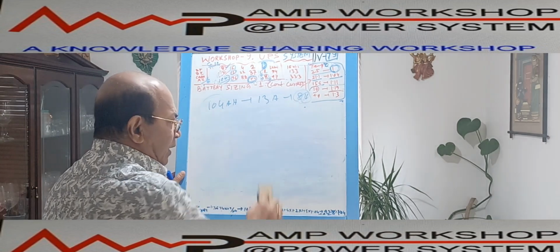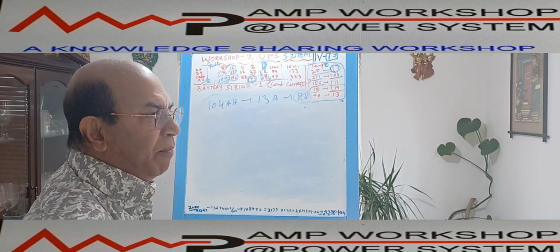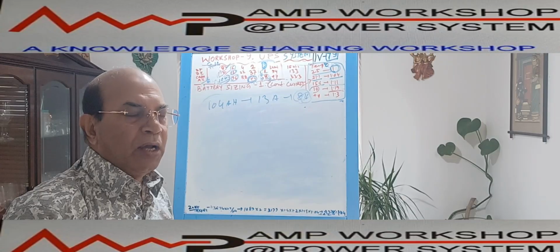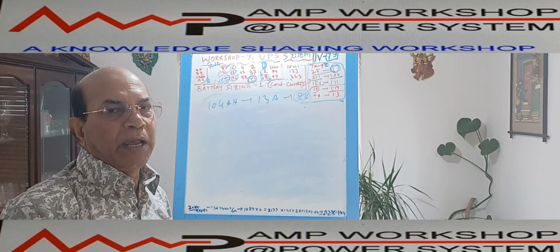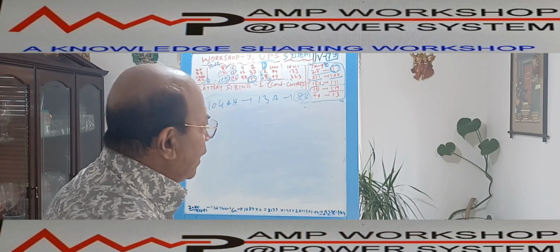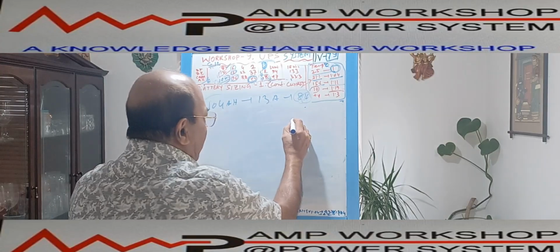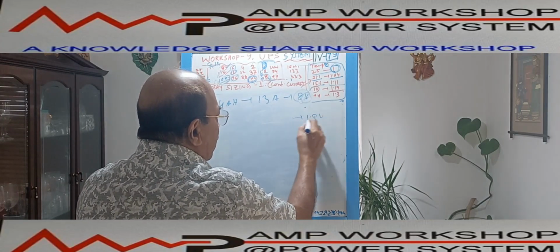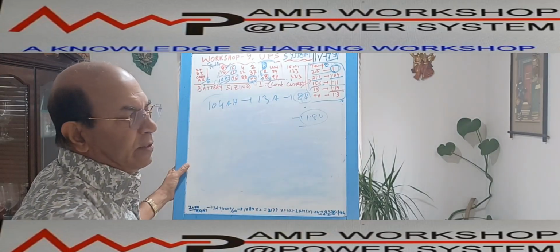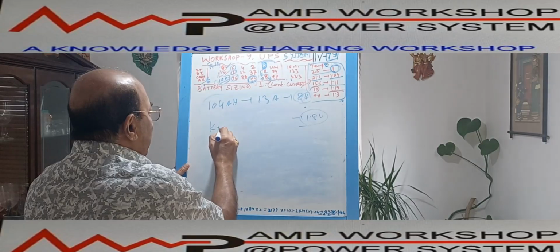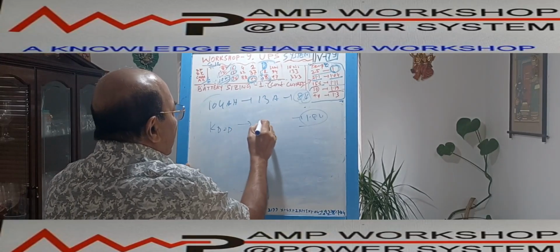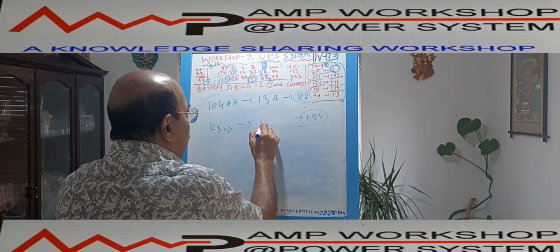Once you draw up to 80% of the capacity, the battery voltage will come to nearly the end cell voltage, that is 1.8 volt. In the case of a lead acid battery, if I discharge at 1.8 volt, it can deliver approximately 80% of its capacity. So there is another factor coming, KDOD. KDOD for 80% means 1.2.